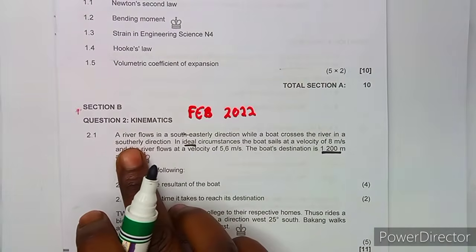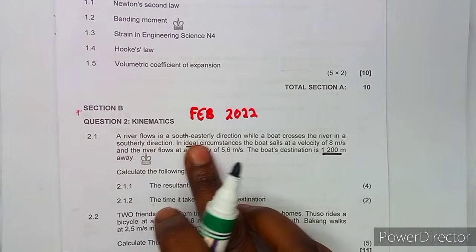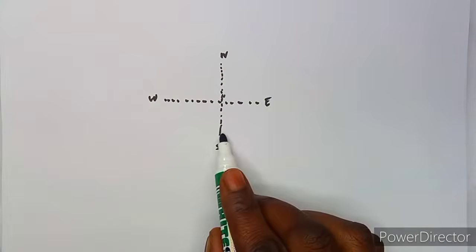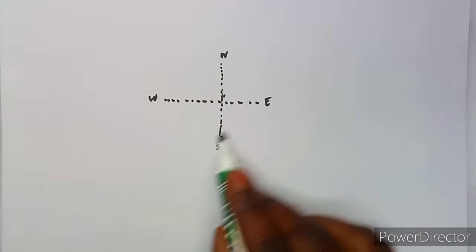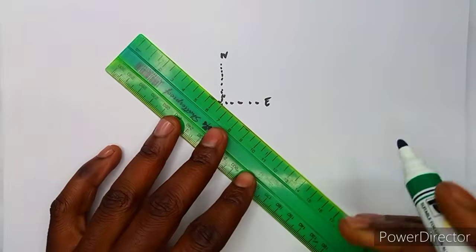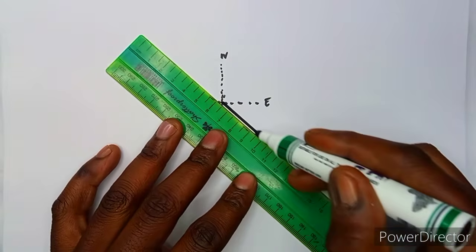So the river is flowing southeast, which is south 45 degrees east. Southeast is in between south and east, in between these two. From this point, this is your southeast, just in between.